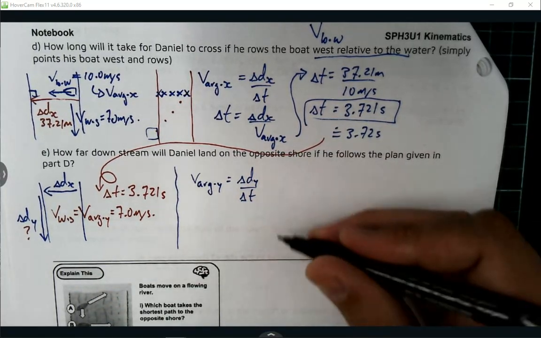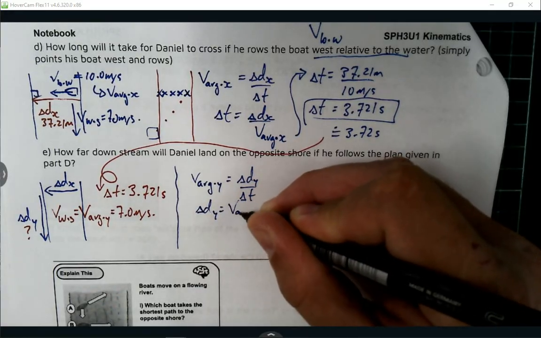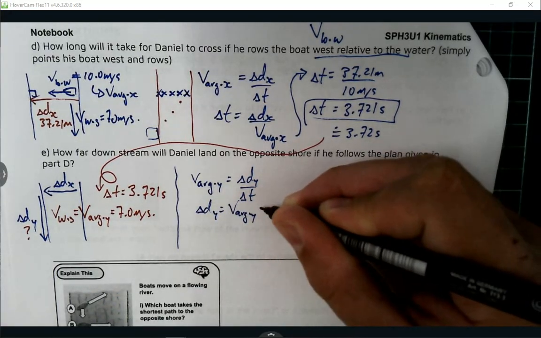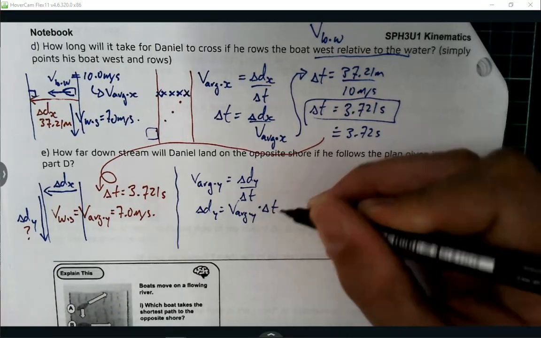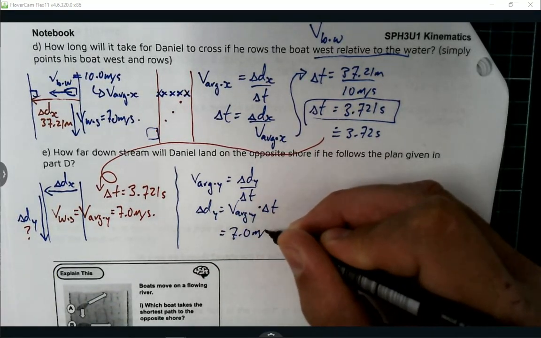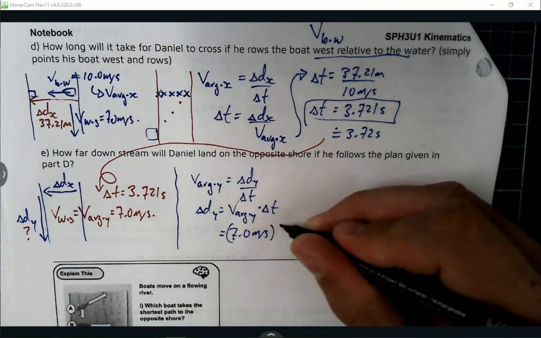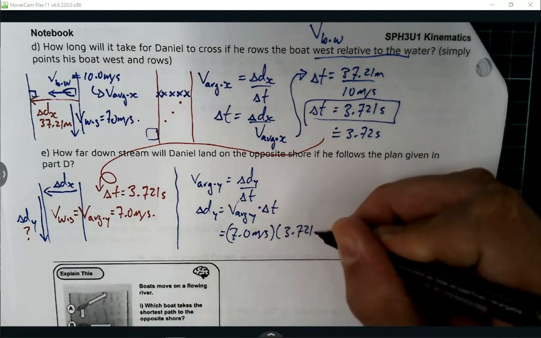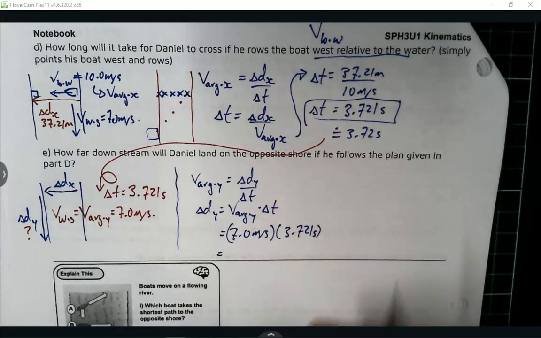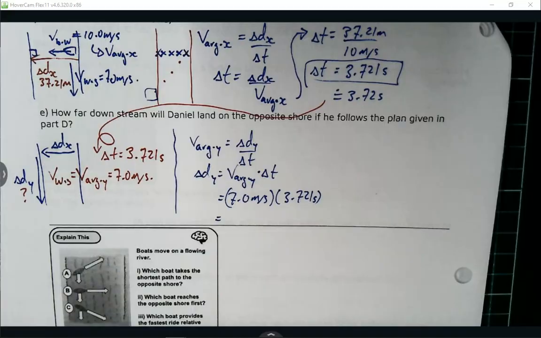If I want to get delta dy by itself, I can do my algebra and say delta dy is equal to v average y times delta t, or 7.0 meters per second times 3.721 seconds. I think it's going to be somewhere around 26, but can you guys help me out? How far downstream am I going to get washed?